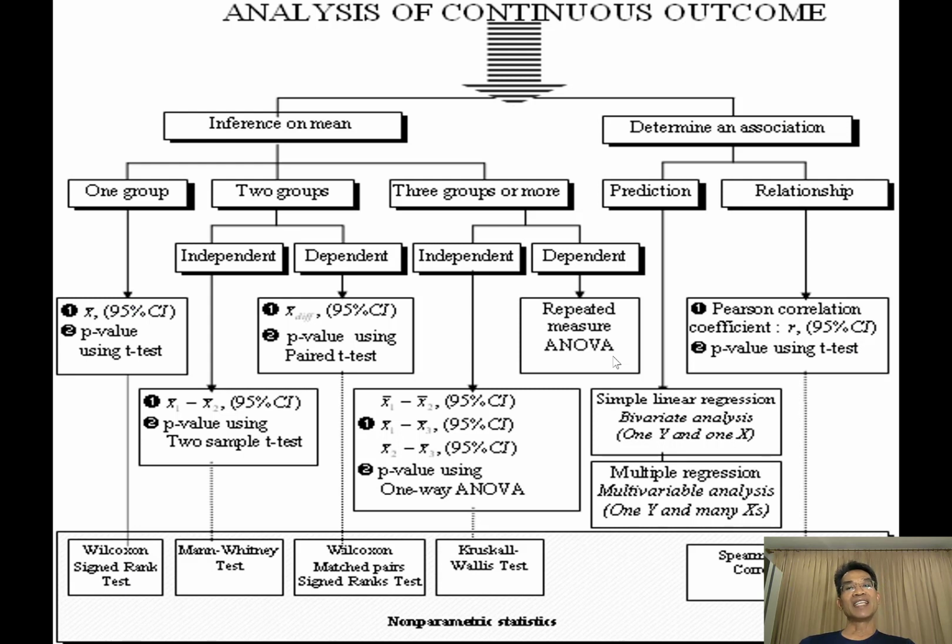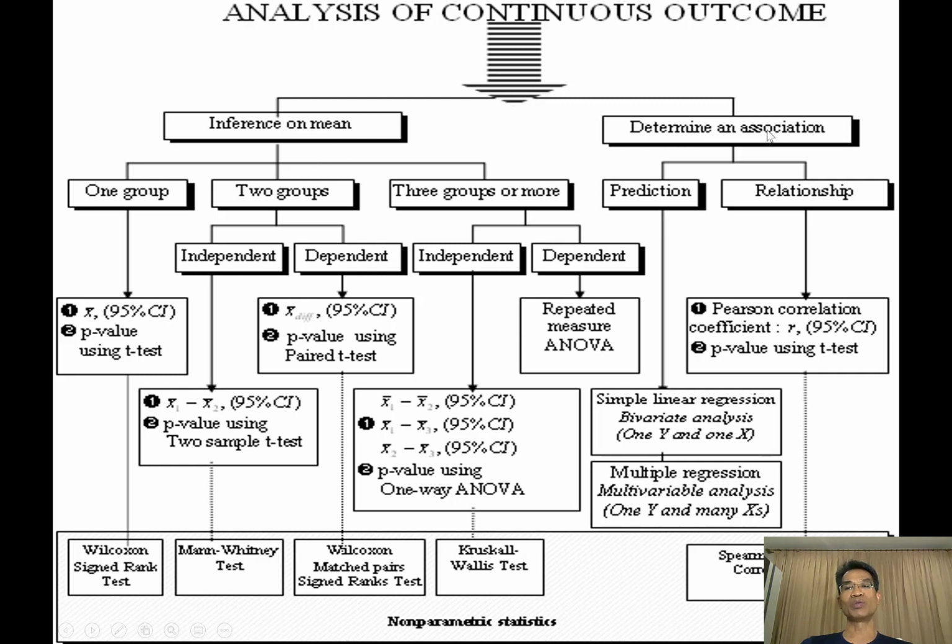Recall that if we know about the type of the outcome, the goal, and the study design, we have a guide. Here is one of the two common guides that I just demonstrated to you. For example, if the outcome is continuous, do we aim to make inference on the mean, or to determine an association between the factors and the outcome?